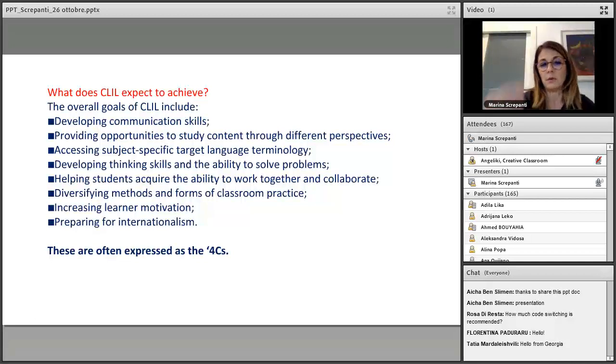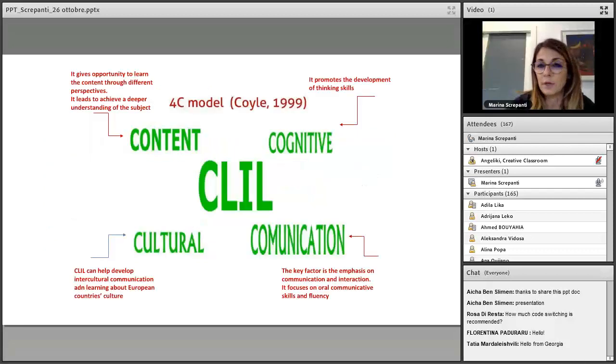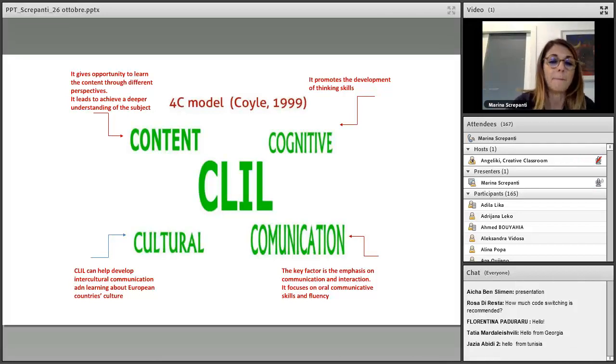So these points are often expressed by the 4C that are content, cognitive, cultural, and communication. When you plan a CLIL lesson, you have to consider these 4C. This is called the 4C model by Coyle.